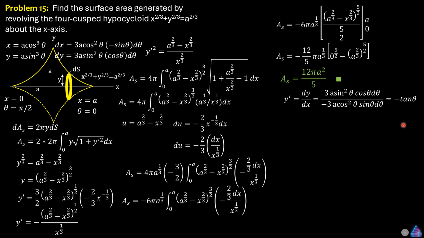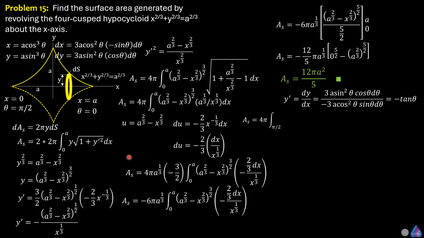Then the area therefore is equal to, going back to this expression here, 4 pi, then y ds, and ds is square root of 1 plus y prime square dx, and dx is already there. So let's proceed with this.